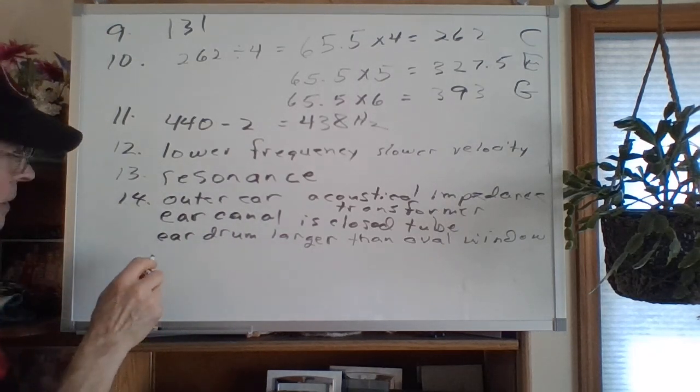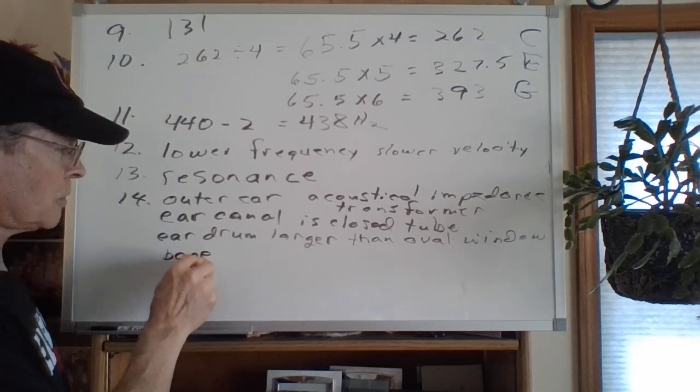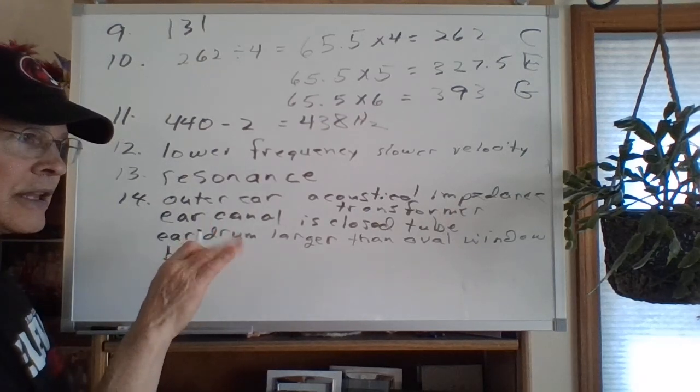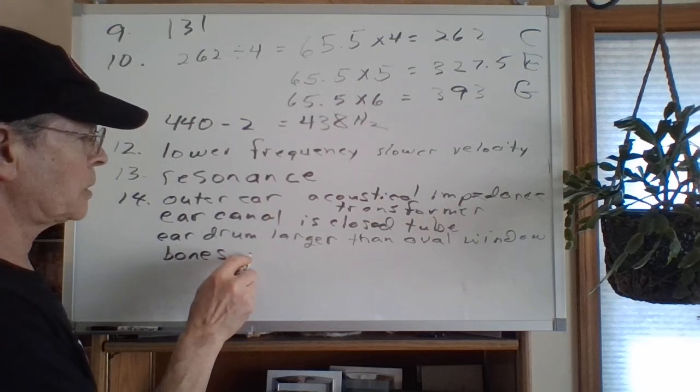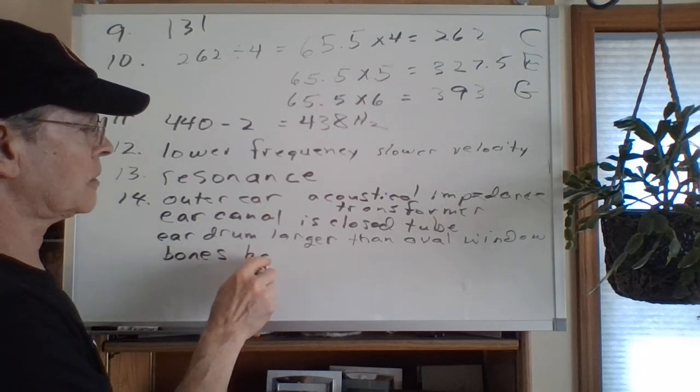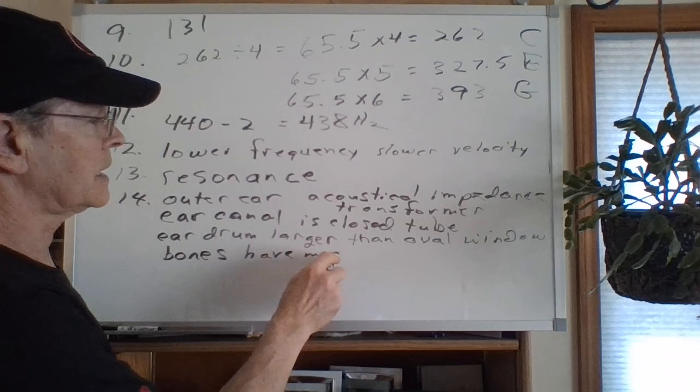The bones of the middle ear actually pivot on each other like a lever. The bones have a mechanical advantage, you could say.